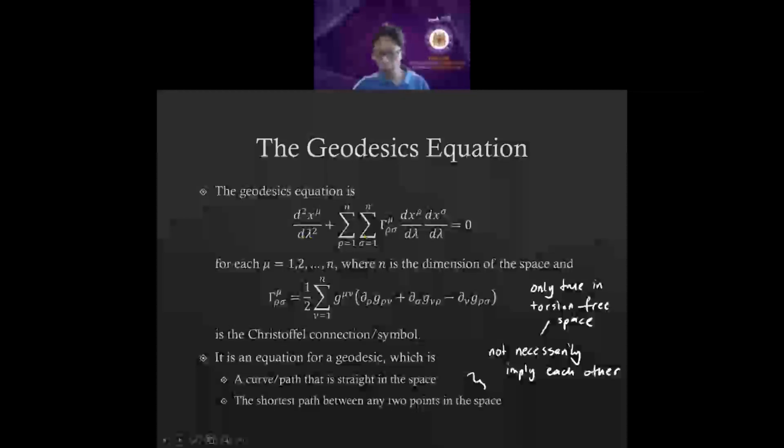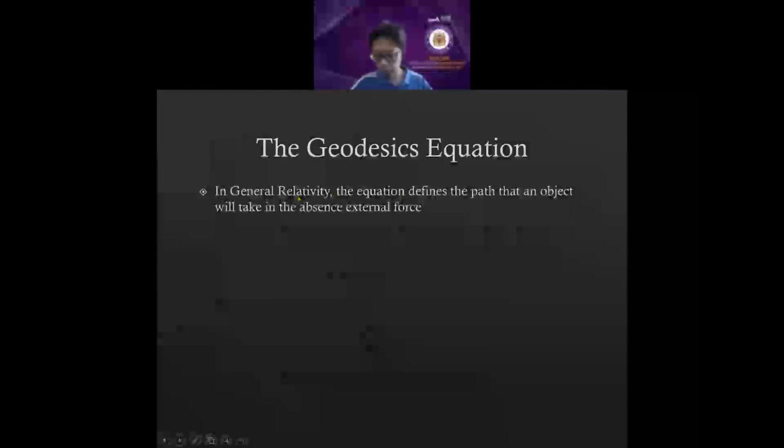All right, so I have introduced this geodesic equation. In GR, this geodesic equation is going to describe straight lines in a general curved spacetime. It defines the path that an object will take in the absence of any external force.